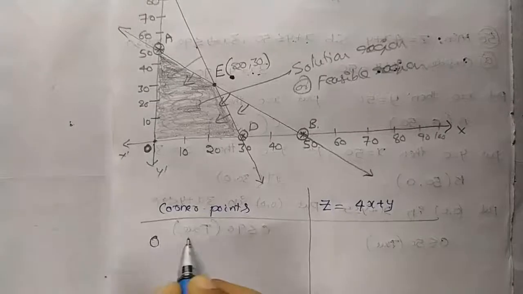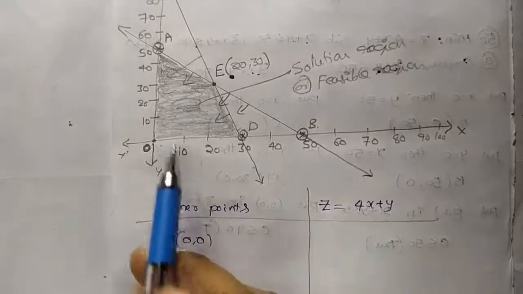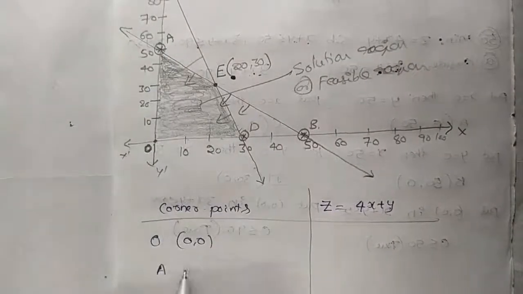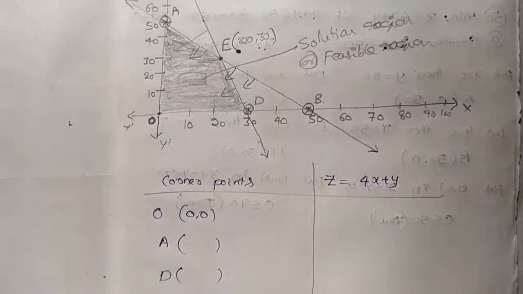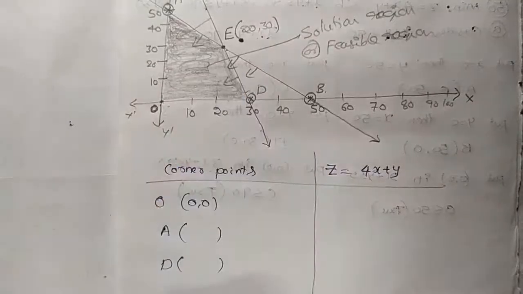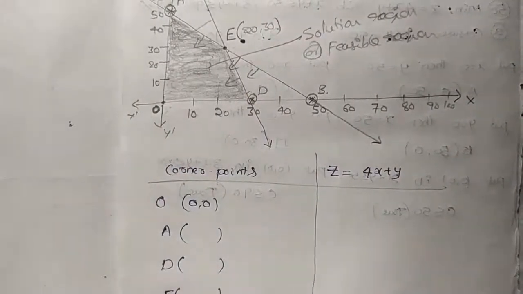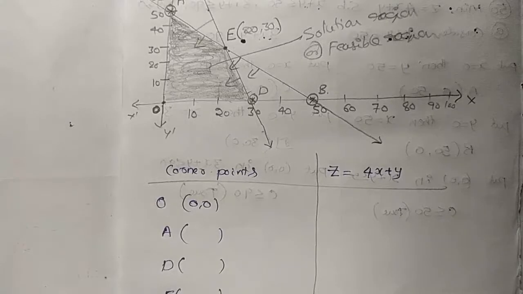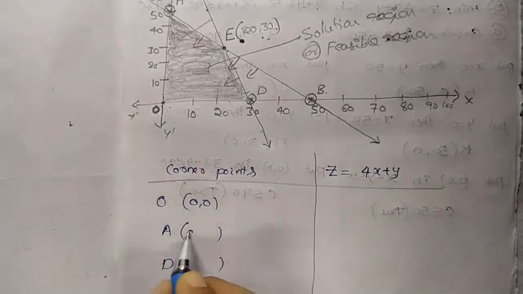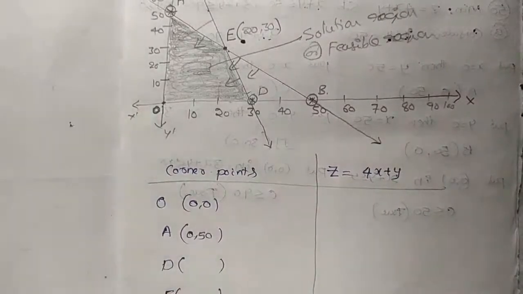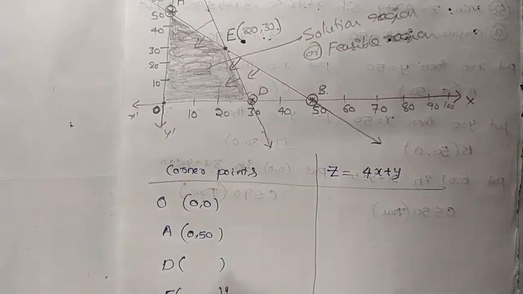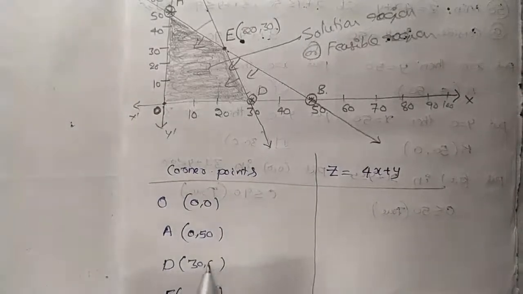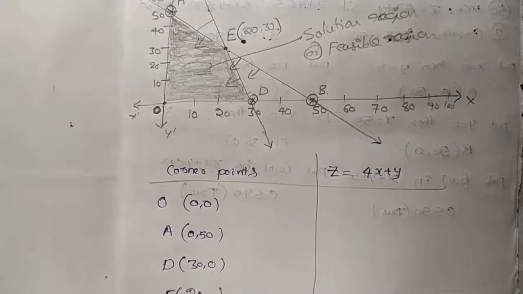So corner points, origin 0, 0, next point A, next point D, and the point E. Point A is what? 0, 50. Point D is what? 30, 0. Next point E is 20, 30.